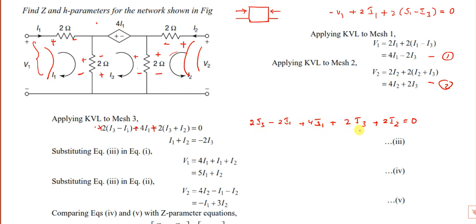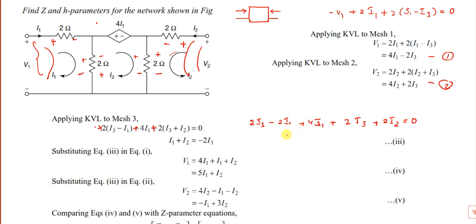This 2I3 you wrote on this side only. All of these have a factor of 2, so you can divide throughout by 2, no problem, or you can do it without that also.